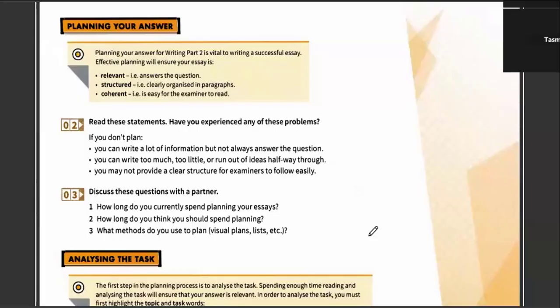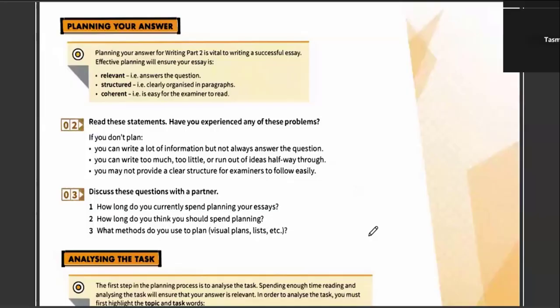Do you think this is enough, or should you spend less time? I think as my writing is fast, if I give more time to planning, I can focus on writing, like I can organize it first, then I can write it. So I think 5 to 7 minutes, 8 minutes is enough for my planning.